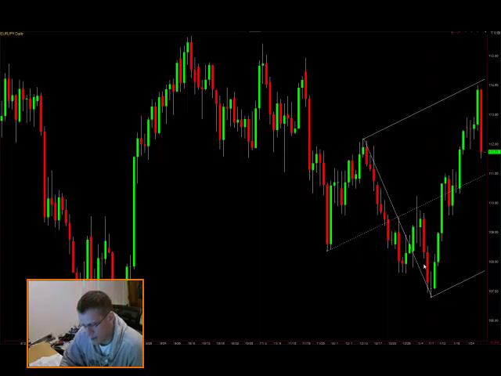that price action sort of stalled here with what we see is clearly a sort of a doji formation.